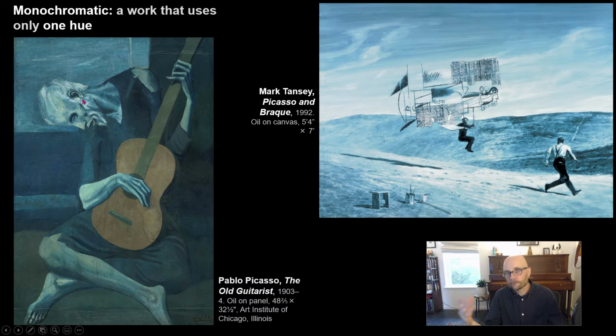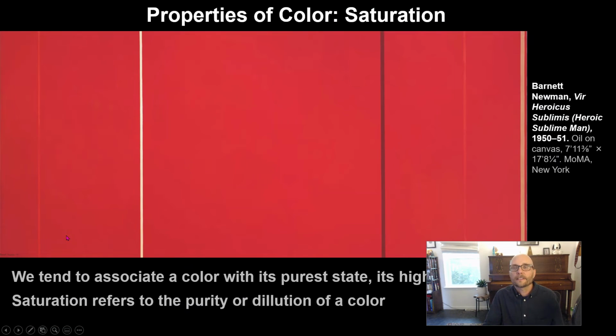Or the famous painting by Pablo Picasso on the left, The Old Guitarist, we have various tints and shades of blue here. Although this is an orangey brown, which is a complement, and he threw in there for some excitement. But ignore that. The rest of this painting is a monochromatic image.